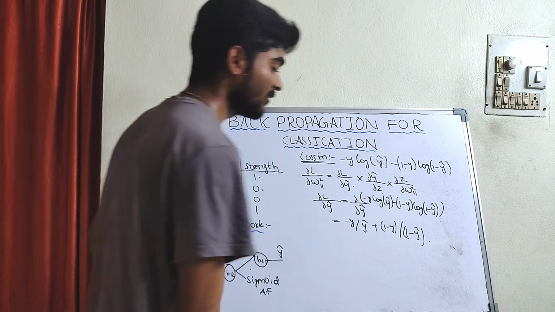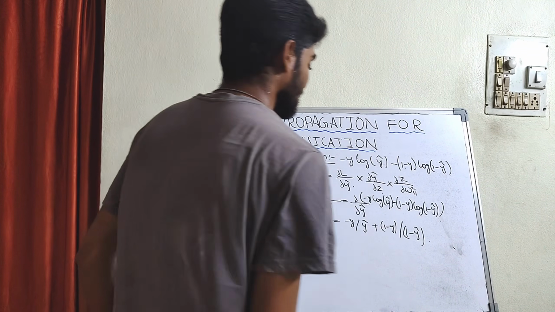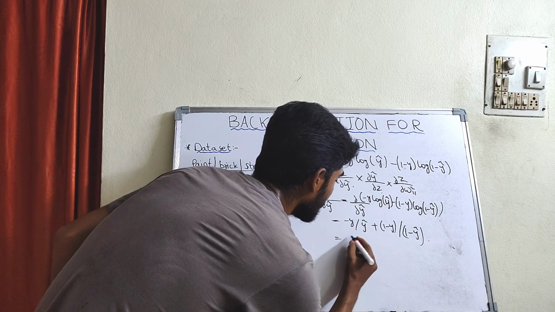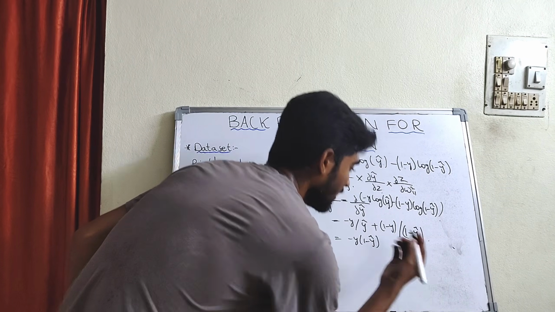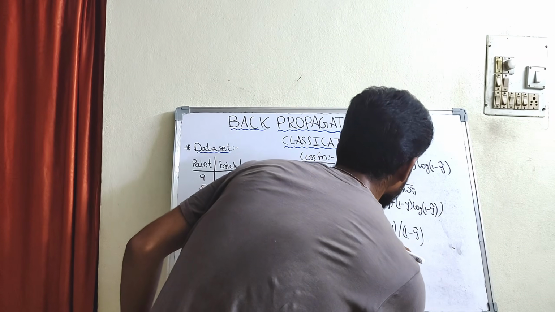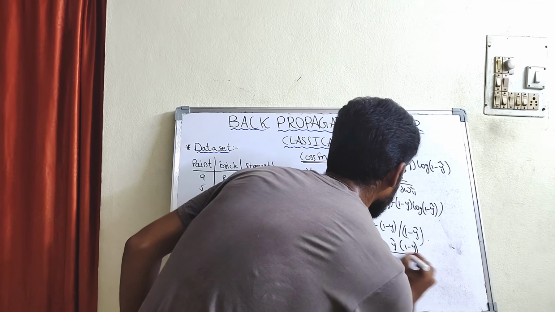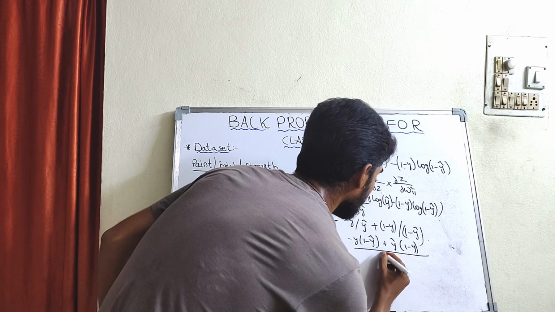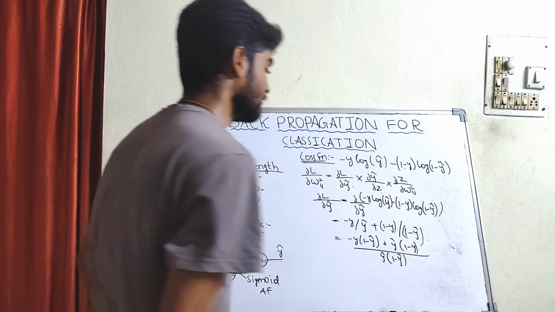Now I'll be writing these individual fractions as a single fraction. That comes out to be minus y times 1 minus y hat, divided by y hat into 1 minus y hat.